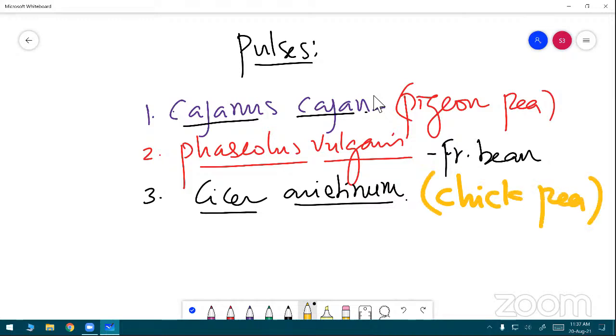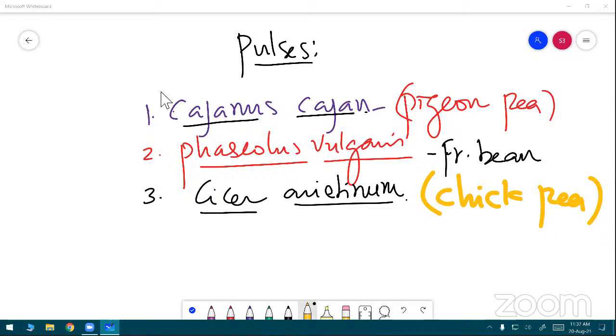Which of the following is the binomial of chickpea? That is the question. If it is asked, you get it right: Cicer arietinum. Dear student, please repeat the word. Which is the binomial of chickpea? Cicer arietinum. Very good. So far we have taken three pulses: Cajanus cajan, Phaseolus vulgaris, and Cicer arietinum.